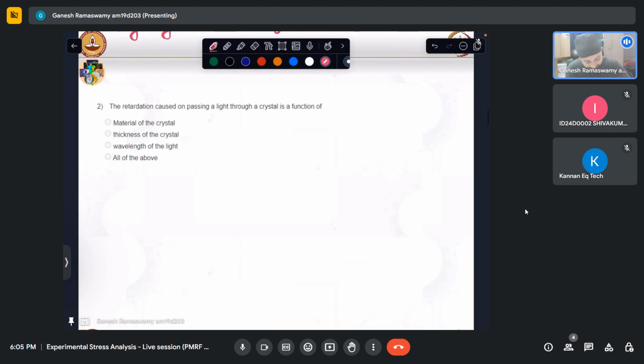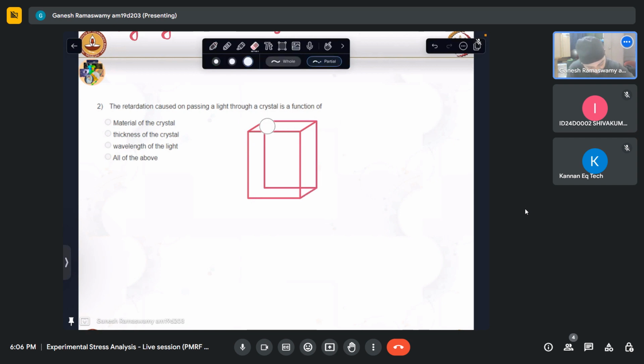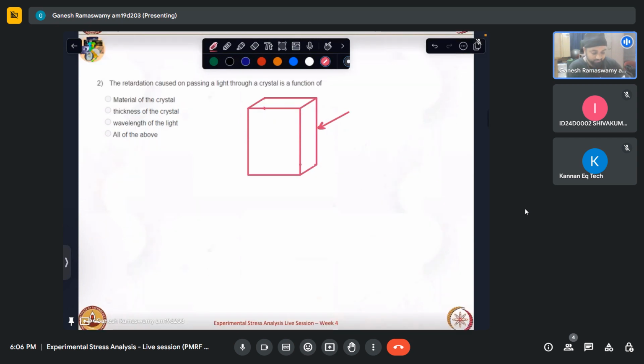that let us say that there is an optical element like that. And then light is passed here, which splits into two, and we know that story.